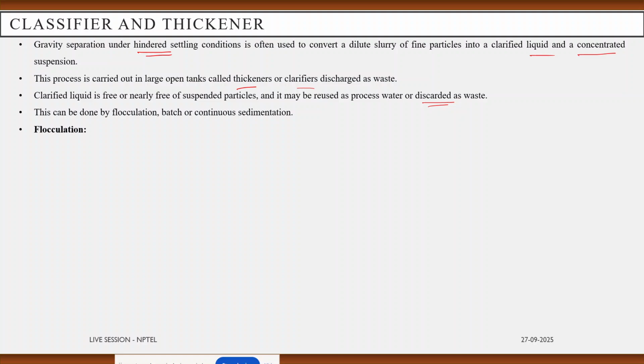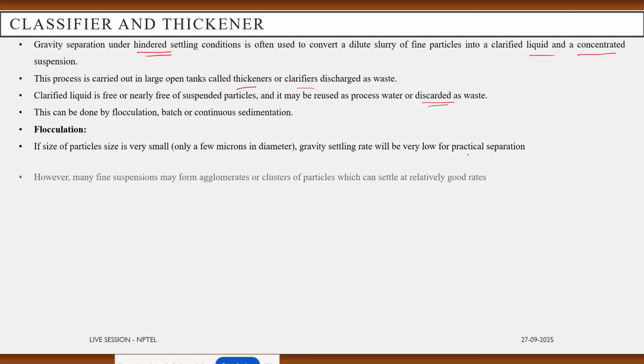So flocculation process is where we want to make the bigger size of the particle and we want to make them settle down easily in the gravitational process. If the particle sizes are already very small, only a few microns in diameter, gravity settling rate will be very slow in practical suspension.